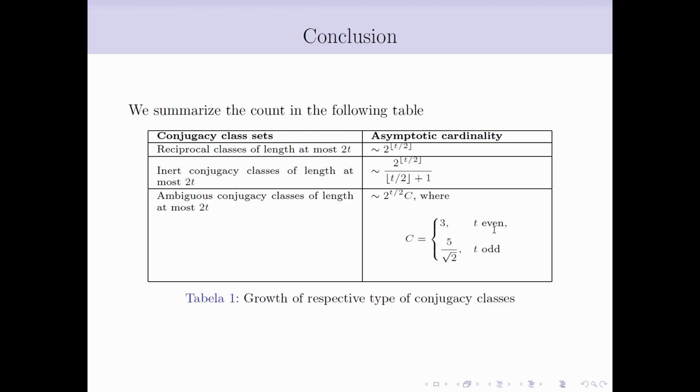So these two different approaches essentially converge to the same result for reciprocal classes, but for combinatorial counting of the inert and ambiguous classes, we are not aware of any result before this preprint with Khushi Mishra and Debattam Das. So this completes the picture of Sarnak's counting for the modular group.